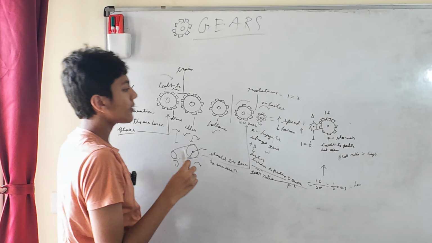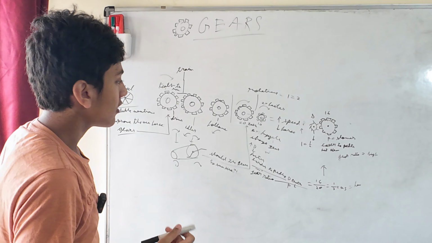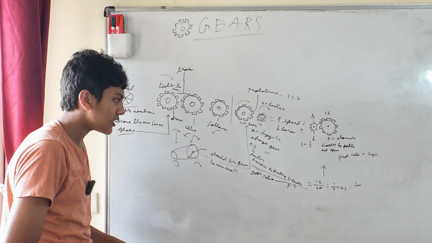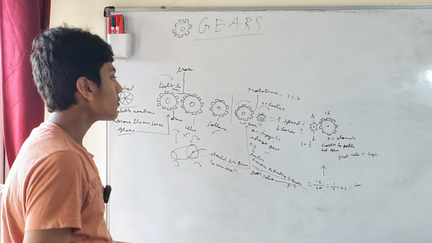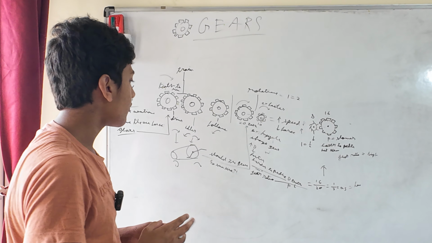So let's say we go back to our example of a bicycle, or a geared bicycle. We change the gears, okay? And when we do that, the driver gear is bigger than the follower.